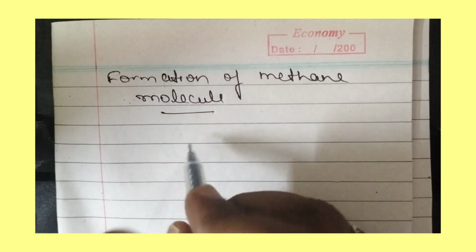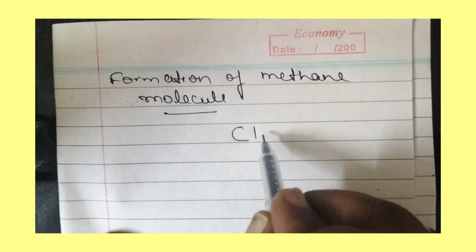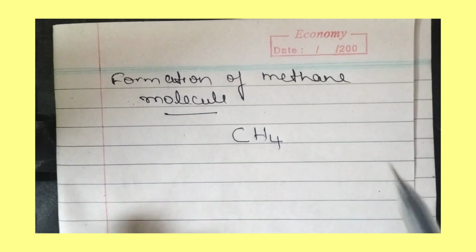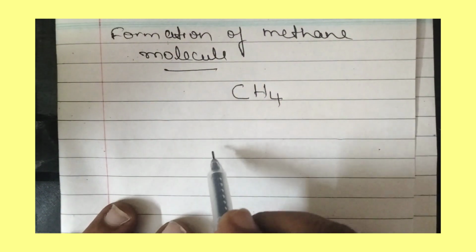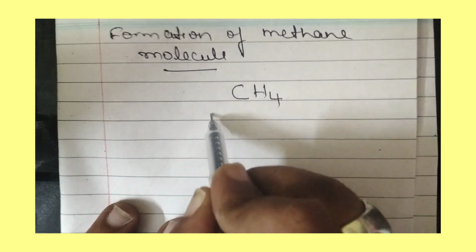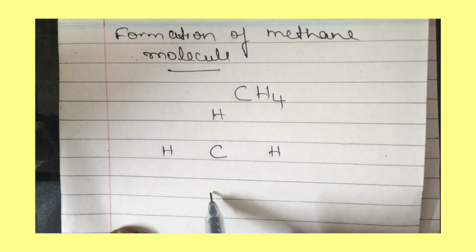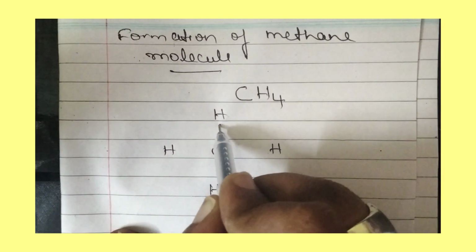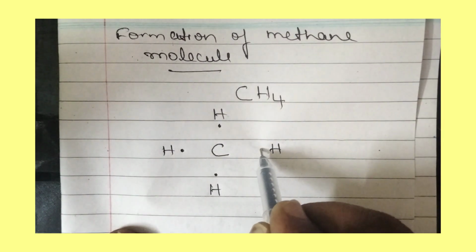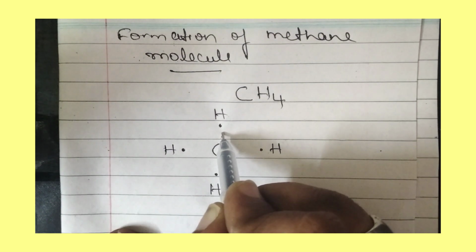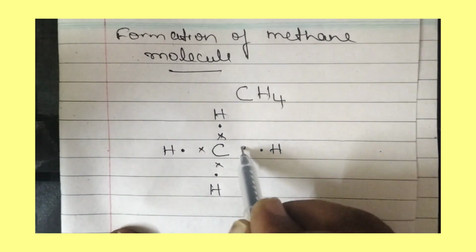Methane is formed by the combination of one carbon atom with four hydrogen atoms to form the methane molecule, CH4. So one carbon, then 1, 2, 3, 4 hydrogens. Carbon has valence electrons, and all the hydrogens have one valence electron. Carbon has valence electron 4: 1, 2, 3, 4.